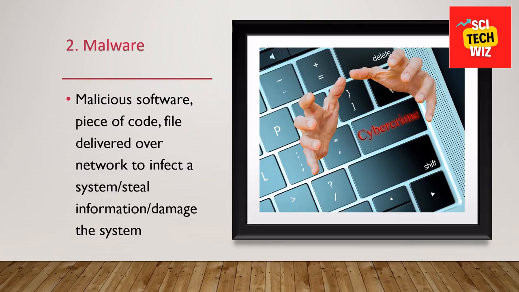And malware. What's a malware? It's a short form of malicious software. It's a piece of software, a piece of code or a file delivered over a network to infect a system, steal information or damage the system.